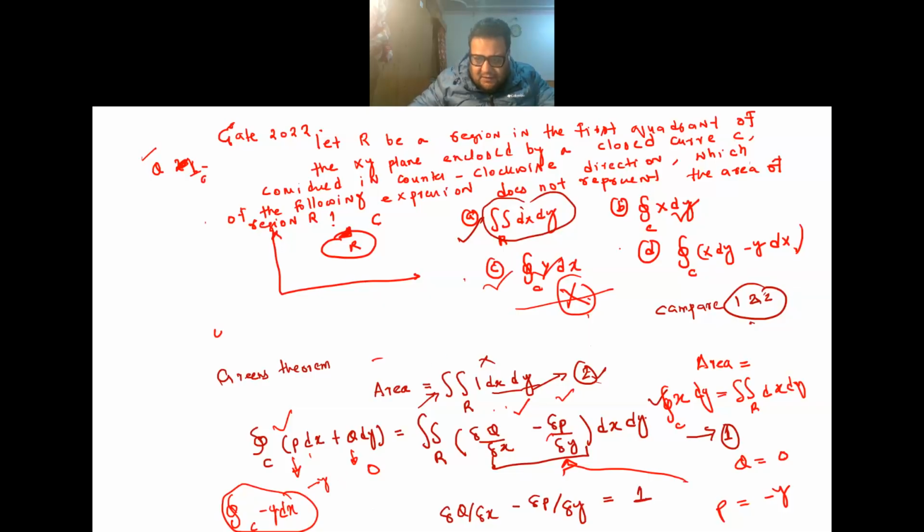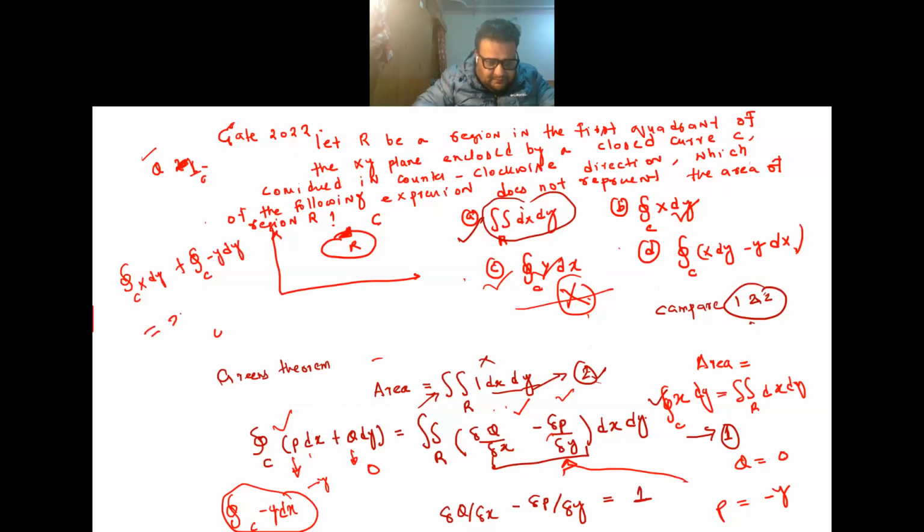A is the correct expression, B is the correct expression, and C. As far as C is concerned, both these areas are also the contour of x dy plus the contour of minus y dx.